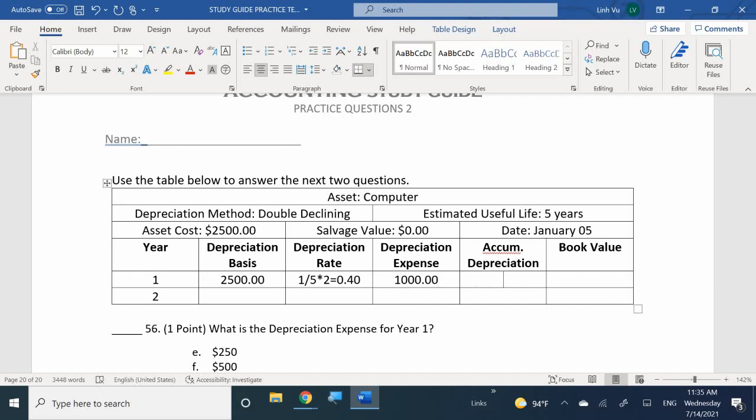Accumulated depreciation for the first year should be the same. So what's going to be my book value as of year one?